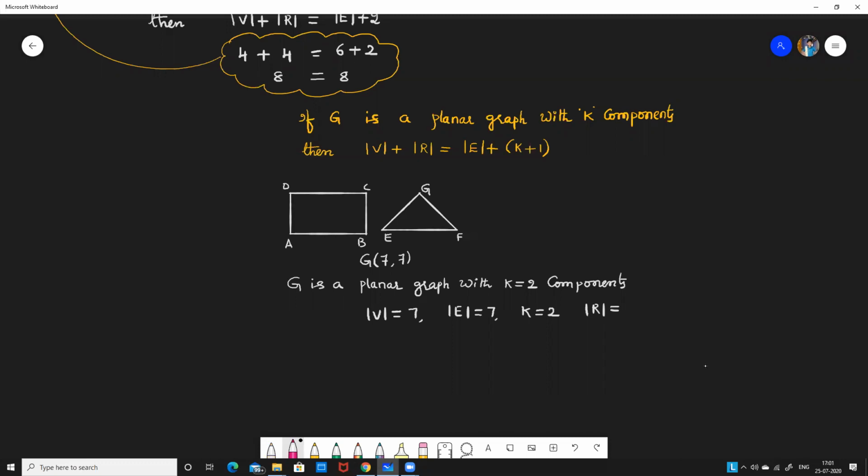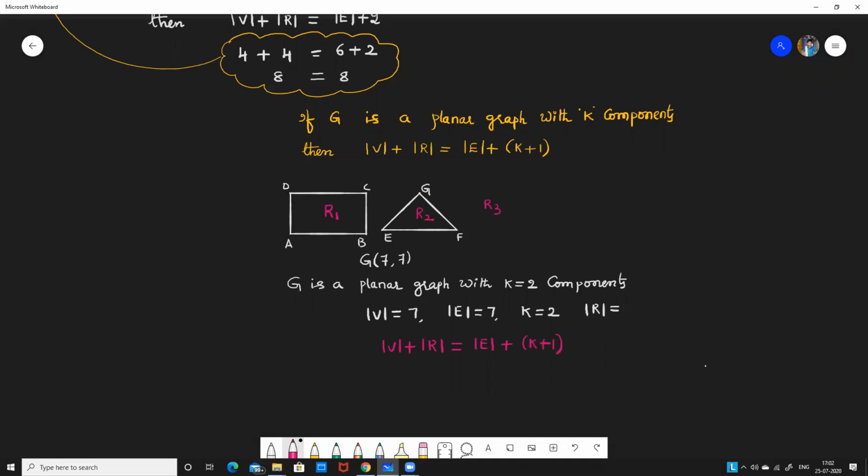Can you calculate how many regions are there? One is R1 bounded by 4 edges. Another one is R2 bounded by 3 edges. Another one is R3, which is outside of all these. Therefore, only 3 regions are there. Now, just apply Euler's formula: number of vertices plus number of regions is equal to number of edges plus k plus 1.